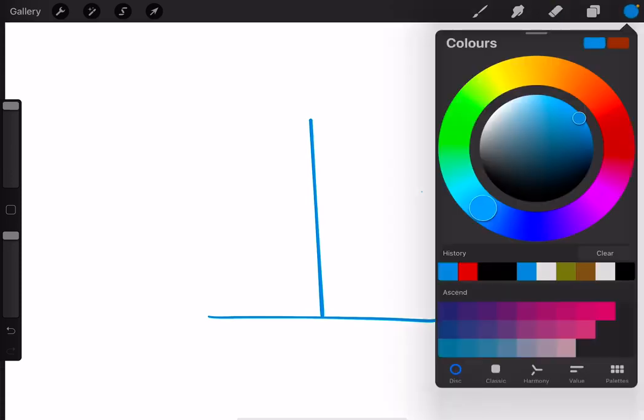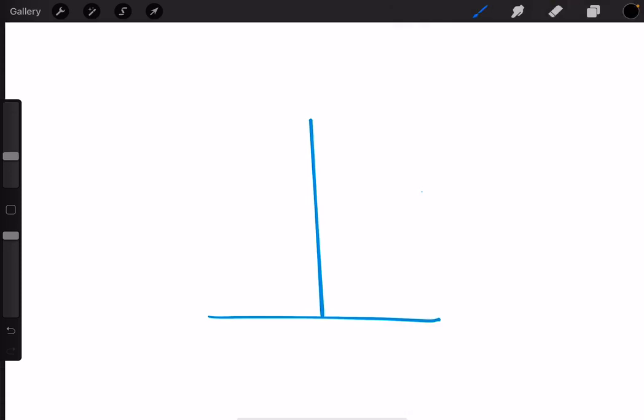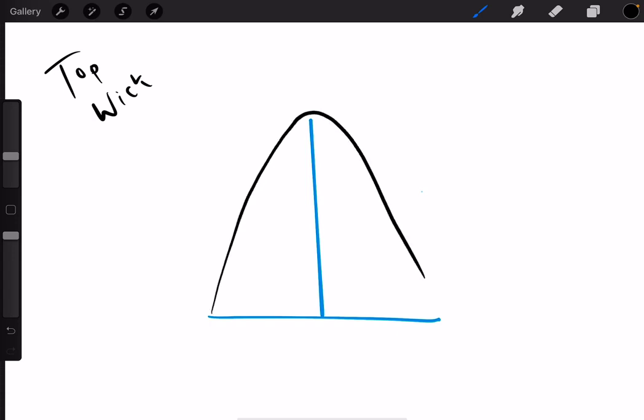So I'll do that in black. This is the top wick. Price essentially is going from here to here. It starts here and it ends here, and that's how the top wick is working.